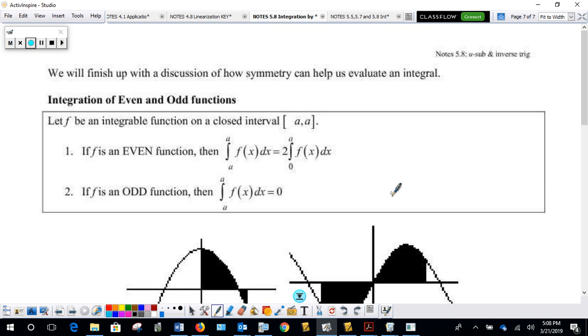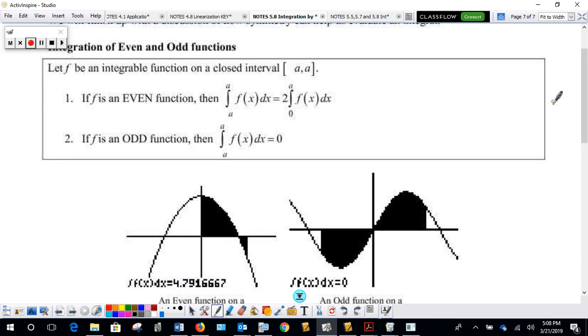Okay, our last thing in this set of notes is just symmetry, just kind of a shortcut. When we're talking about definite integrals, of course, the integral from negative a to a, if you have an even function, and this is where your a is, and this is where your negative a is, what do we know about the area here and the area here?